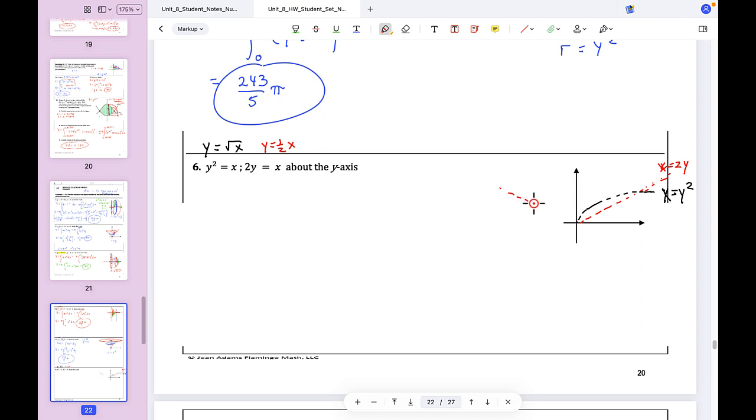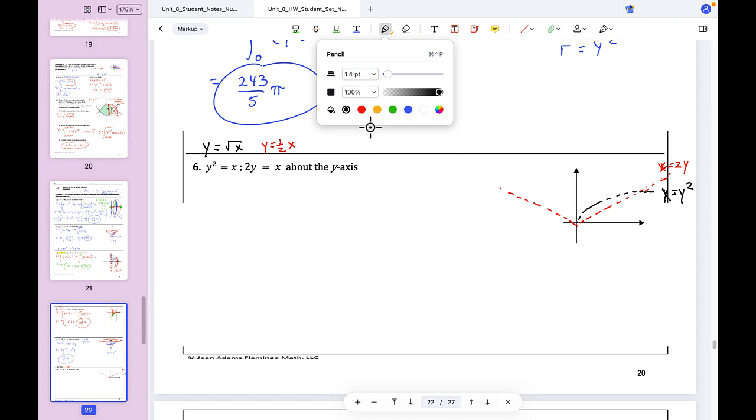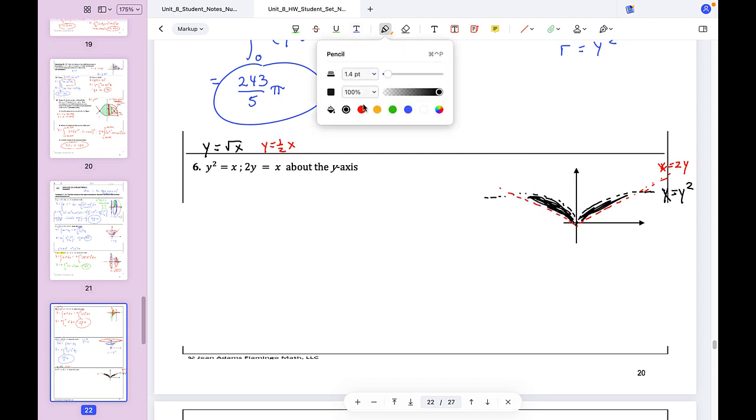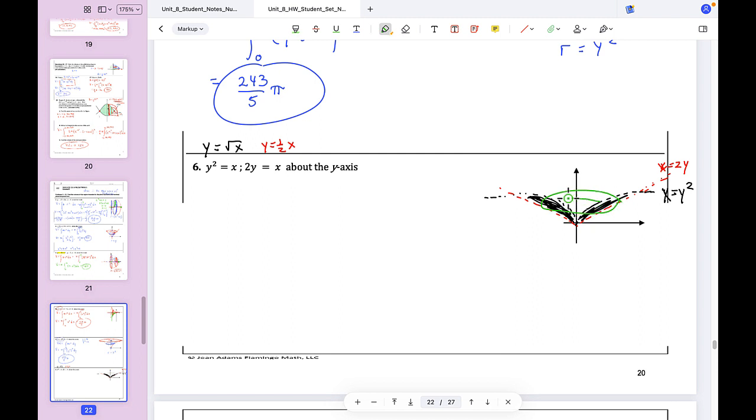Let's see here. Okay, so we're talking about this space in here. That means our cylinders or our disc looks like this with a space here.